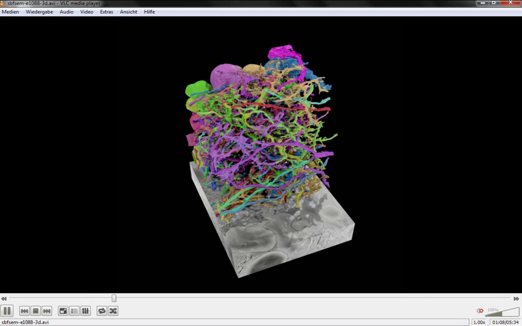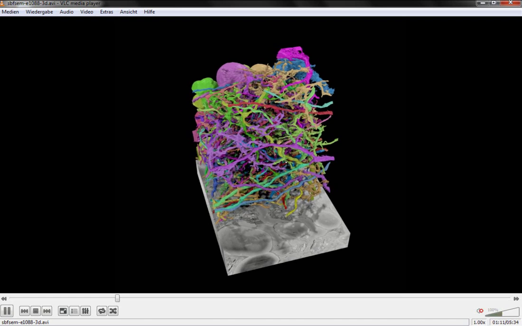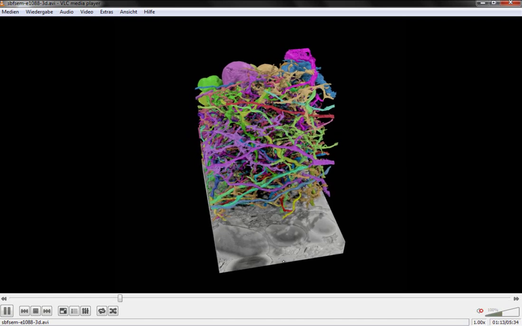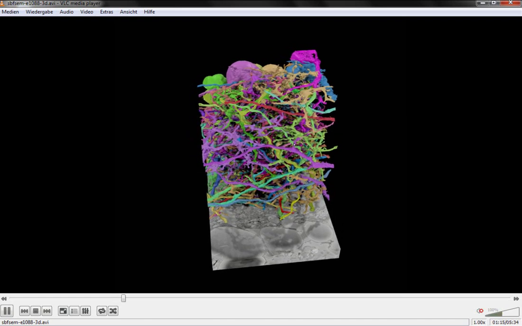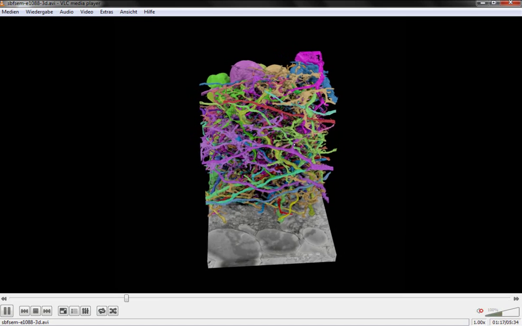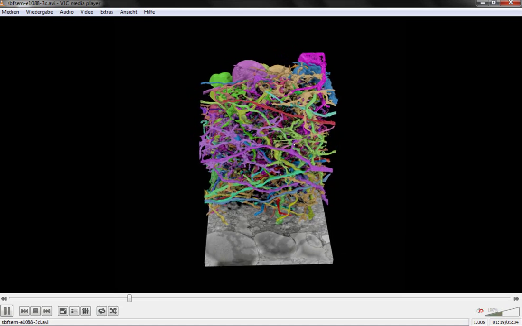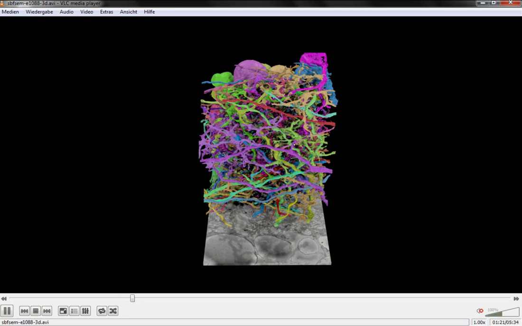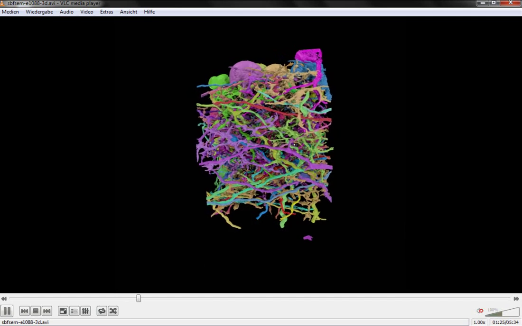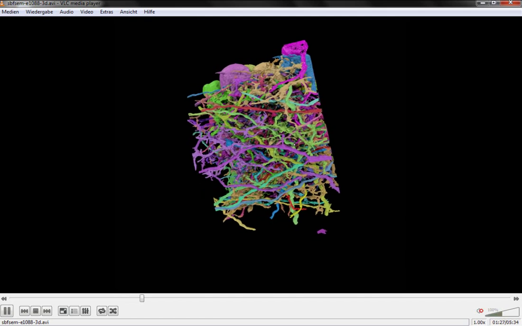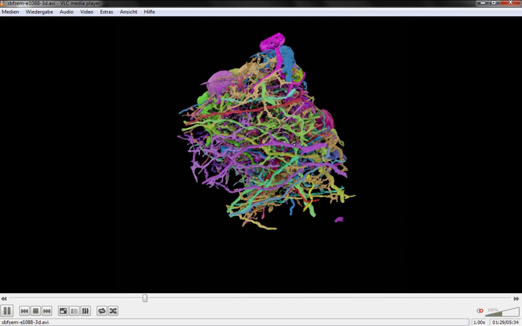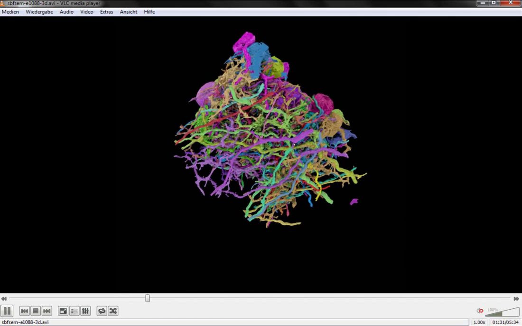And that's a very interesting and challenging image processing problem in itself, to go from the gray raw data to these segments colored by identity. But more than that, the hope is that this will allow biologists to better understand how the retina, and later on other parts of the brain, are actually working.